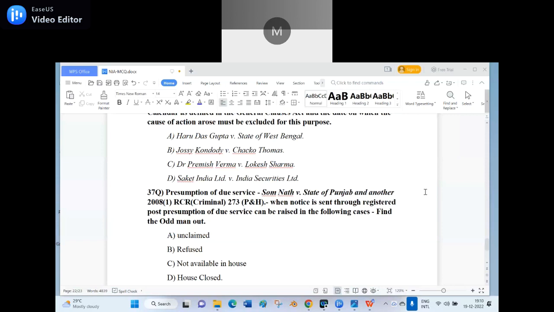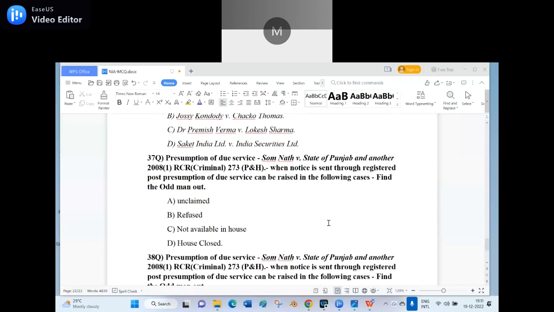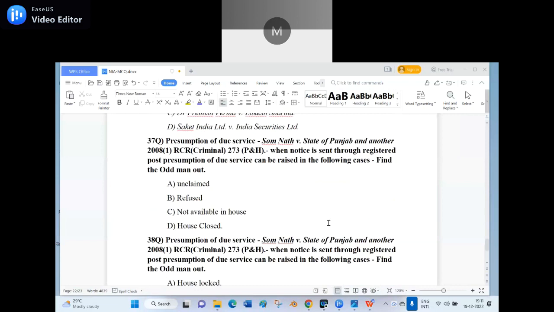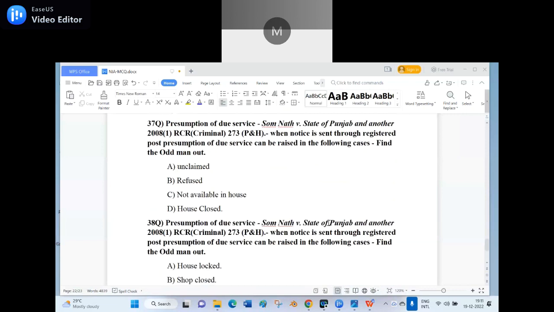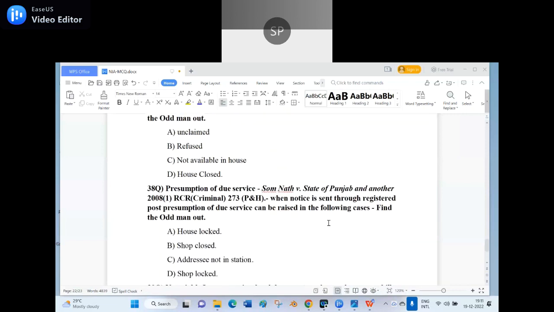Which is the odd man out, which is not appropriate among A, B, C, D? Participants, are you sleeping? Option D, sir. The odd man out is house closed, no, house locked is the right word. Option D, sir. Yes, option D is the odd man out.